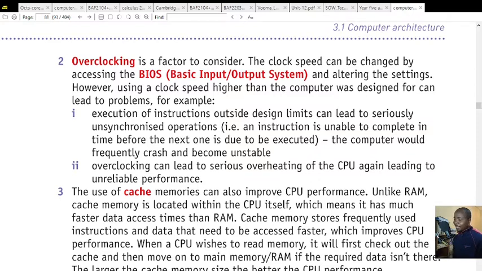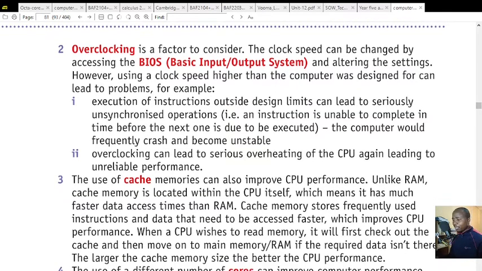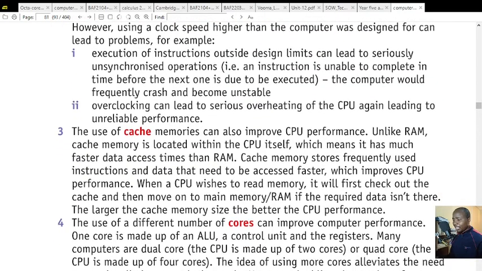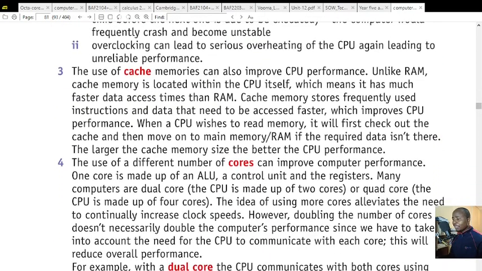So it is important to note that when a computer has more than one core, it can perform optimally.